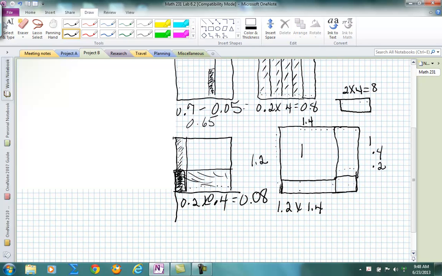Oh, wait. My line needs to go like this. So this region right here, 1, 2, 3, 4, 5, 6, 7, 8, is 8/100. So that's what I have to add together.